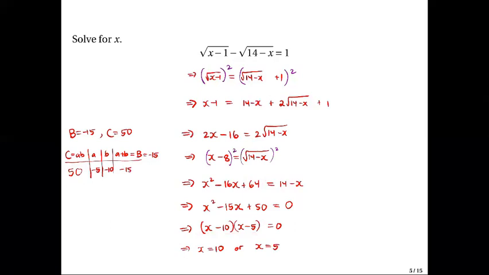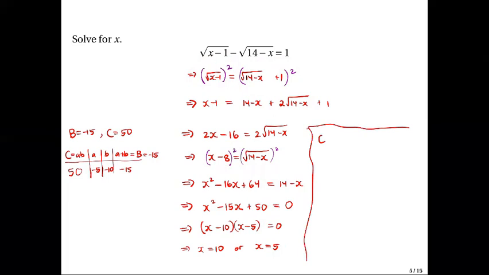Now, we added several solutions here when we squared this and this. When we did this step, also this step, we added some solutions that should not be there. So we need to do the checking part. Okay, so let us do this.